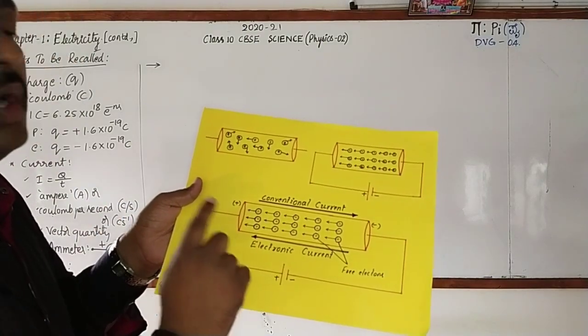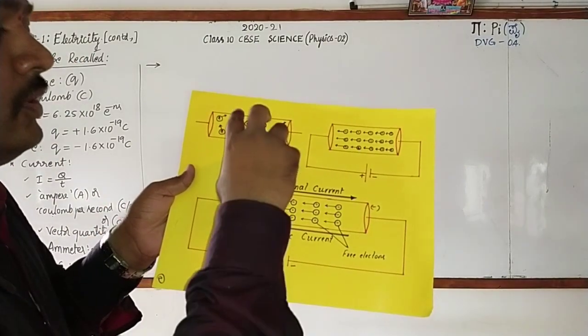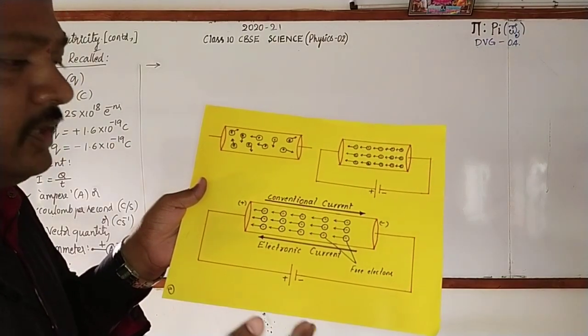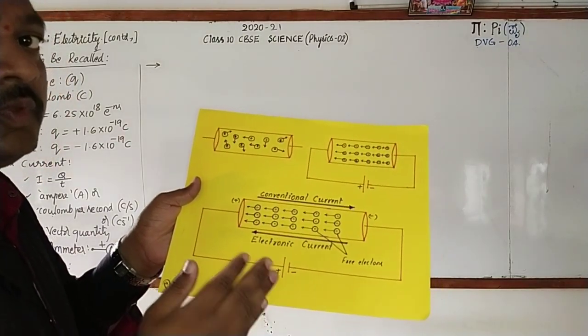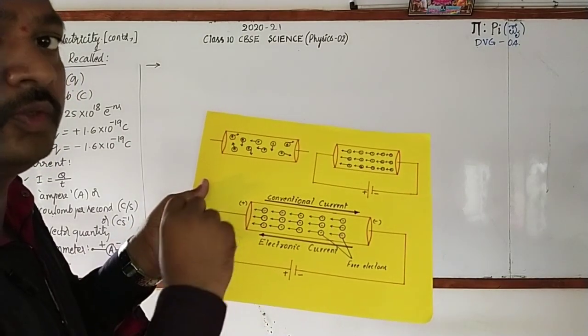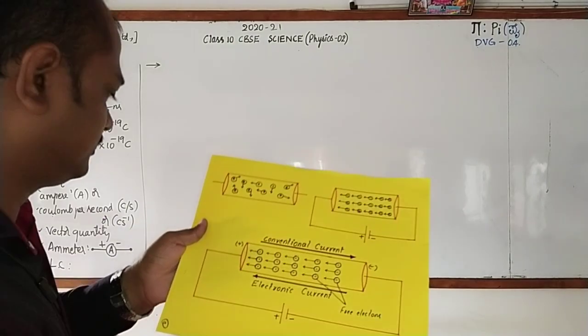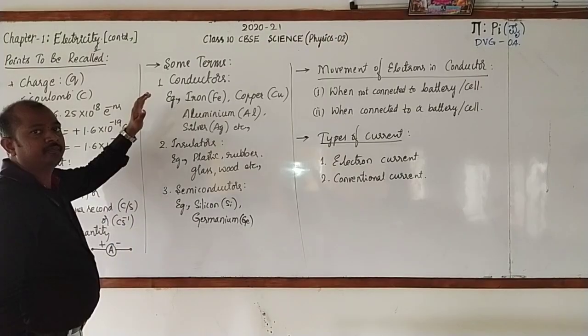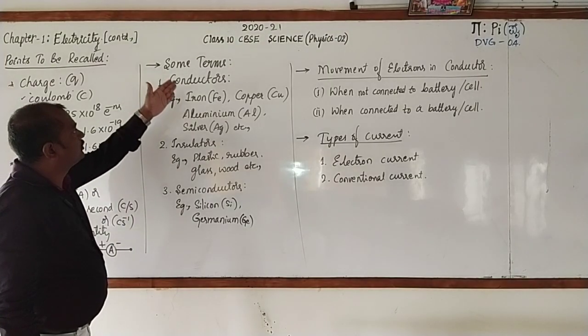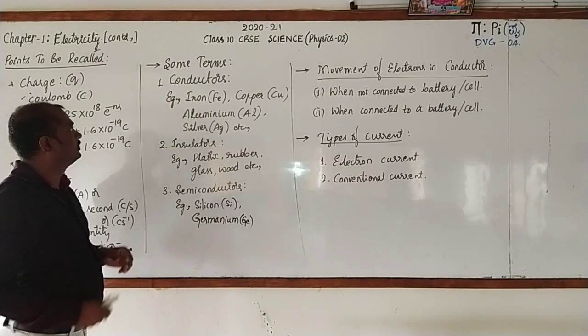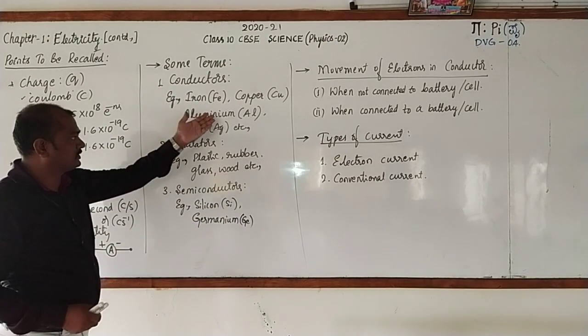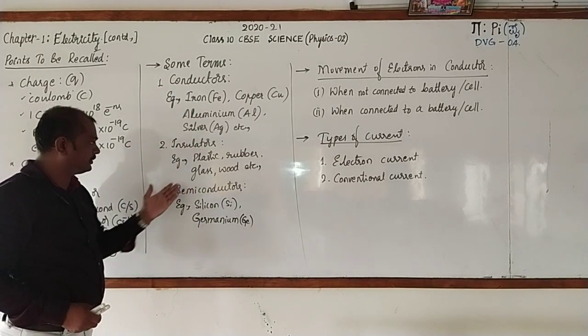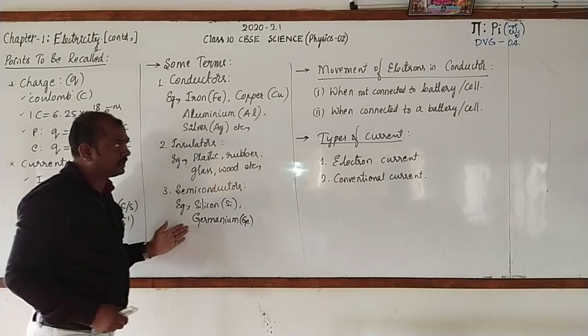Got it? So now you are going to write some of the points that I have explained so far. You can pause the video, then you can copy them. Yes, you all have to copy these important terms: conductors with examples, insulators with examples, semiconductors with examples.